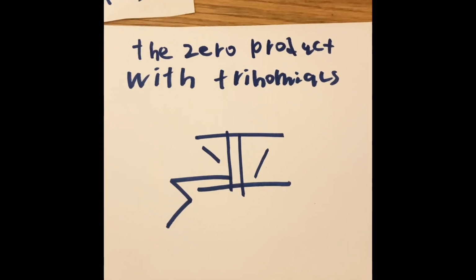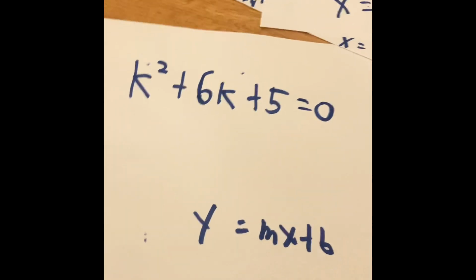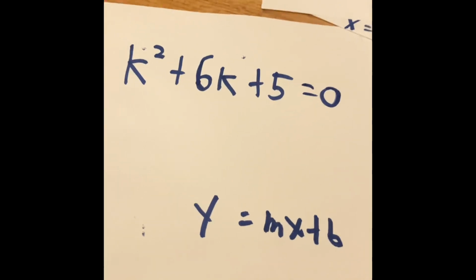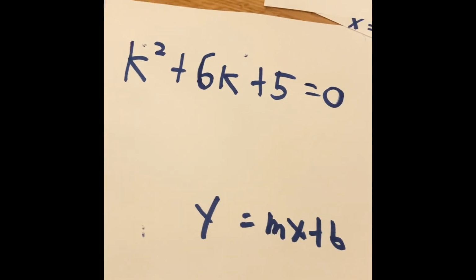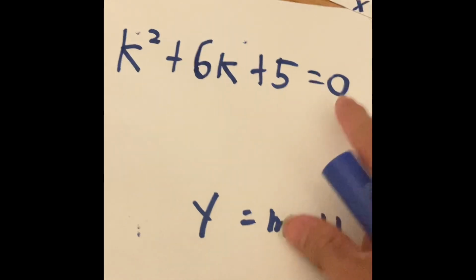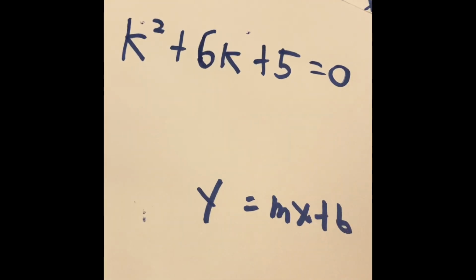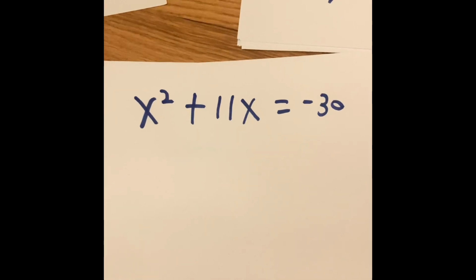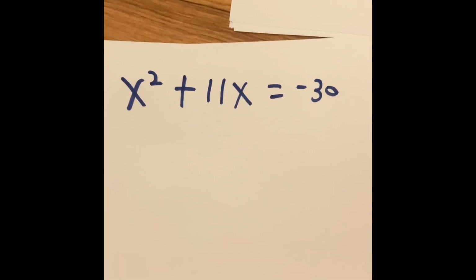When we were doing the last video, we had been seeing a lot of equations and examples that look like this: k squared plus 6k plus 5. But that's when you have a 0. But what happens if you try to solve a problem like this one?